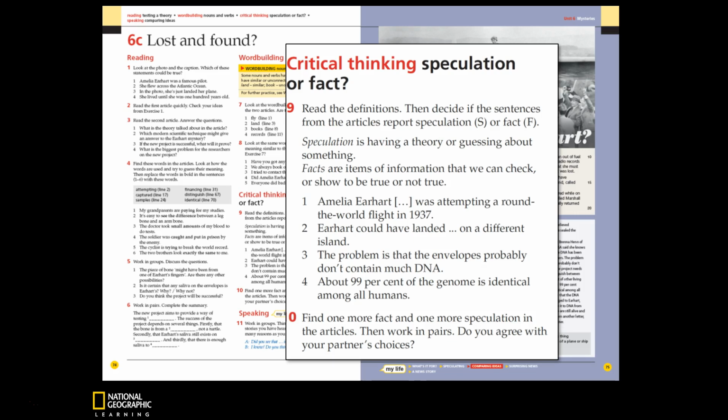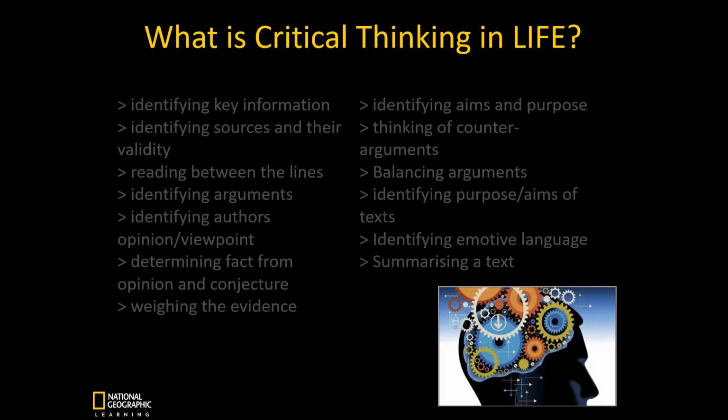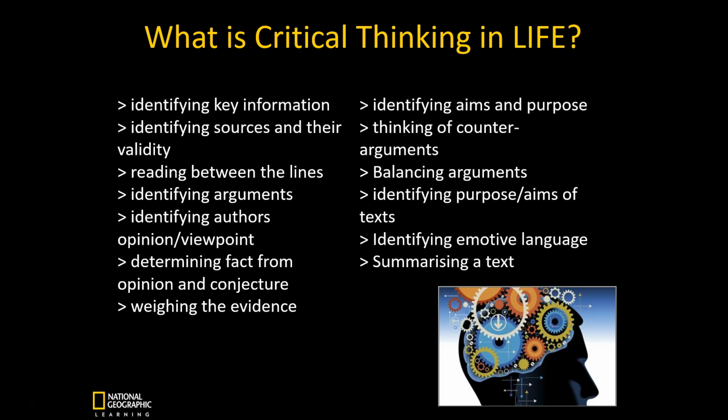Other critical thinking skills practiced include identifying key information, identifying sources and their validity, reading between the lines, identifying arguments, identifying author's opinion and viewpoint, identifying aims and purpose, thinking of counter-arguments, and summarizing texts.